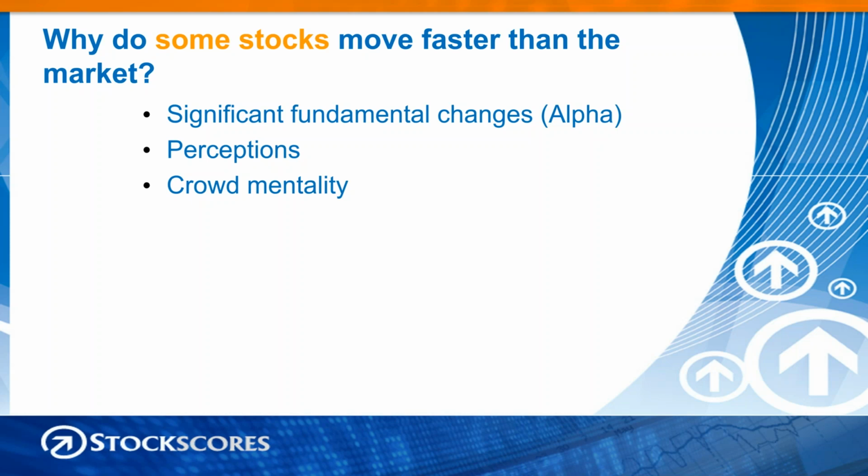Now, it doesn't matter if the information is accurate. What matters is what the investment community perceives to be the truth. The truth itself doesn't matter in the short term.